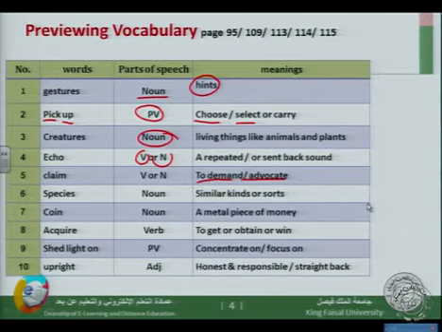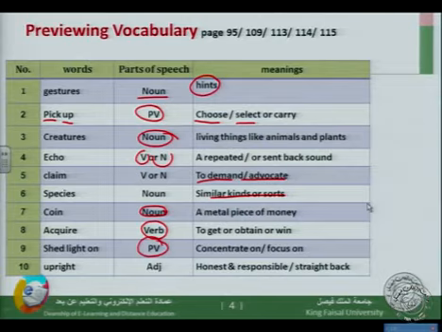Species, also a noun, similar kinds or sorts. Species means similar kinds. أنواع متشابهة. Coin. This is also a noun. A metal piece of money. Acquire, this is a verb. Acquire means to get or to obtain or to win. يكتسب.